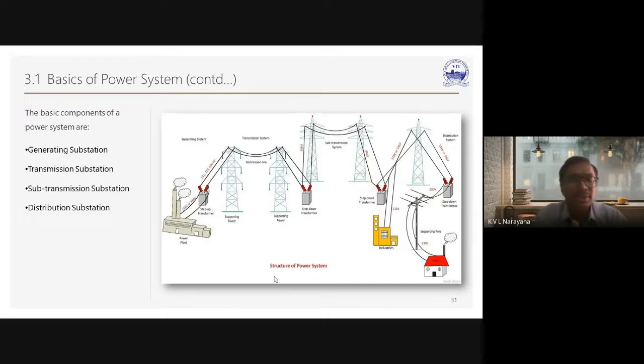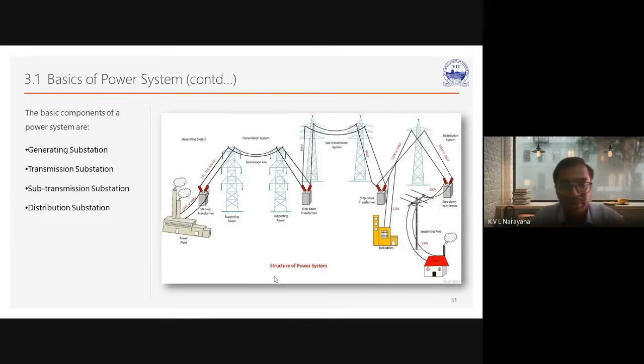So what is the role of optimization in this particular power system? Can anyone tell me, please? Because these are the various components, you know the importance of each and every stage or component of the power system. As I mentioned, there are generators which are used for supplying the power.